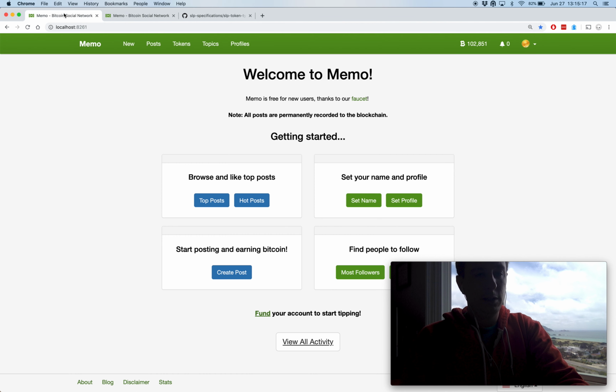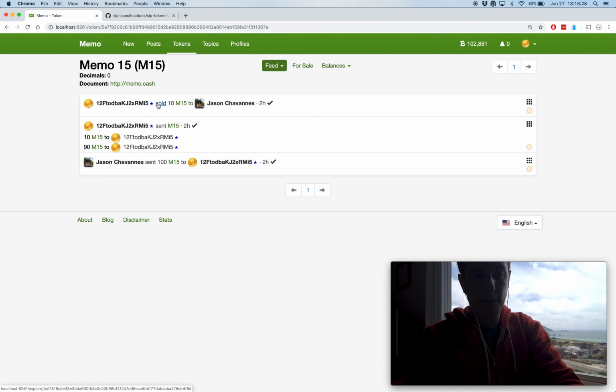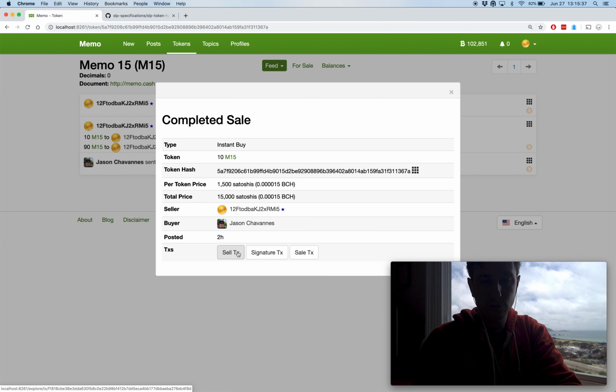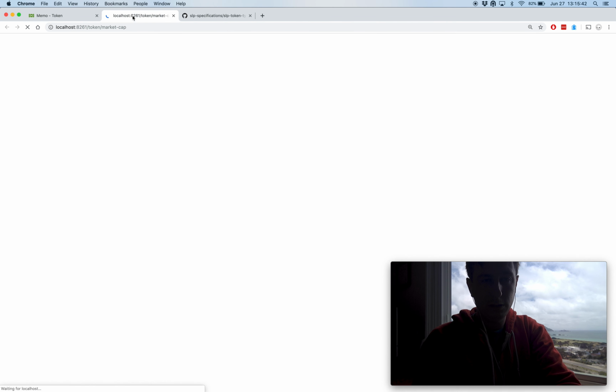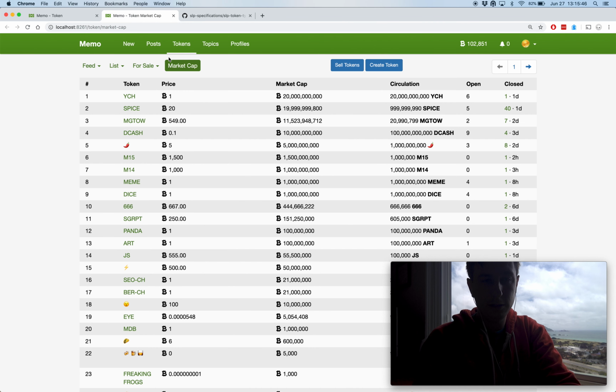So if we go back to the M15 tokens and look at the sale. So now we're going to dig into the Memo exchange protocol. So first, actually, let's look at an exchange that hasn't occurred yet, one that's just a listing.